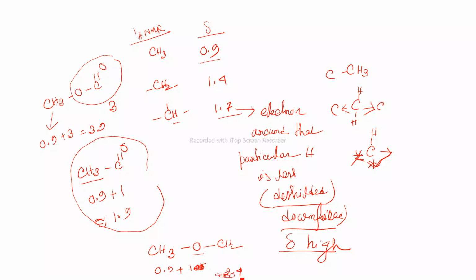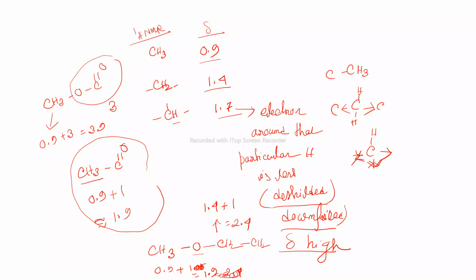So it should be 1.9. And now this CH2 should be what value? This CH2 is 1.4, plus this ether value of 1, so that will be around 2.4. Clear?